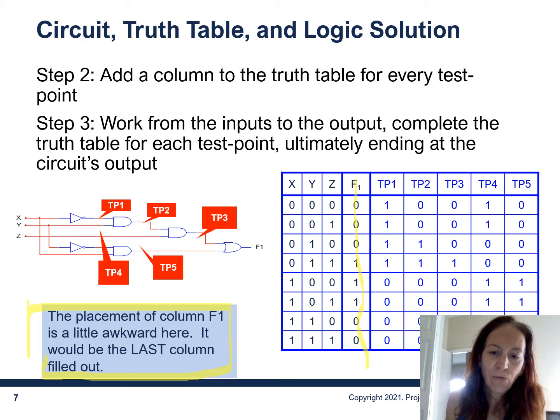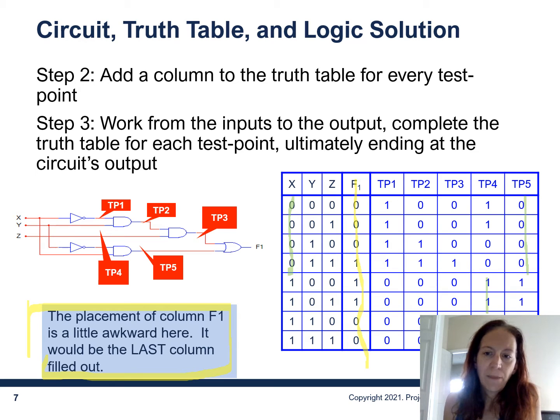So what I'm going to notice right off the bat is that X is low in all of those cases, which means that the output for TP5 has to be low. Now X is 1, so now I have to look at TP4. TP4 is high right there, so both of the inputs are high, which is going to send TP5 high. Here, TP4 is low, which means it cannot go high. And so TP5 gives us all of those.